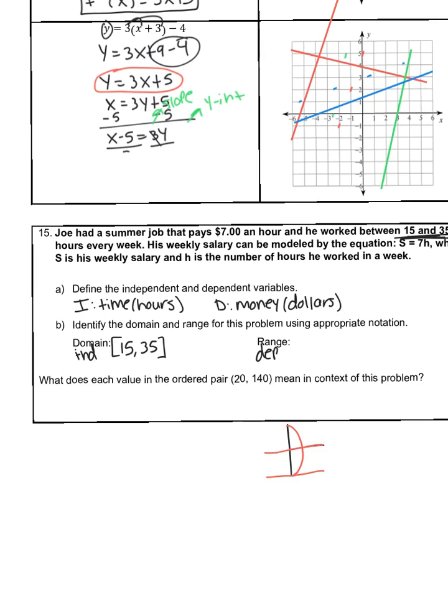The range is looking at y values. So I know that I'm going to do 7 times the amount of hours that I work to get my total amount of money that I'm going to earn. So the minimum amount is going to be 7 times 15, and the maximum would be 7 times 35.